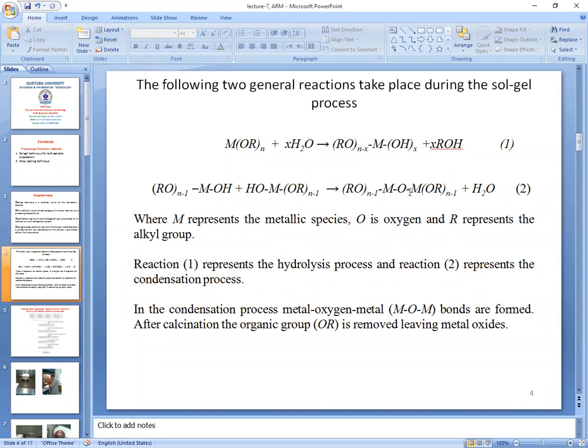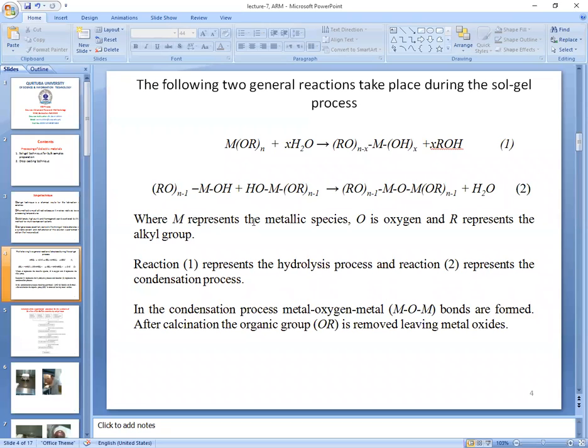These are all called alkyl groups, because we will dissolve the ingredients in the alkyl or in the organic solvents. So in the next slide we will show an example where you will become more clear about these two processes.